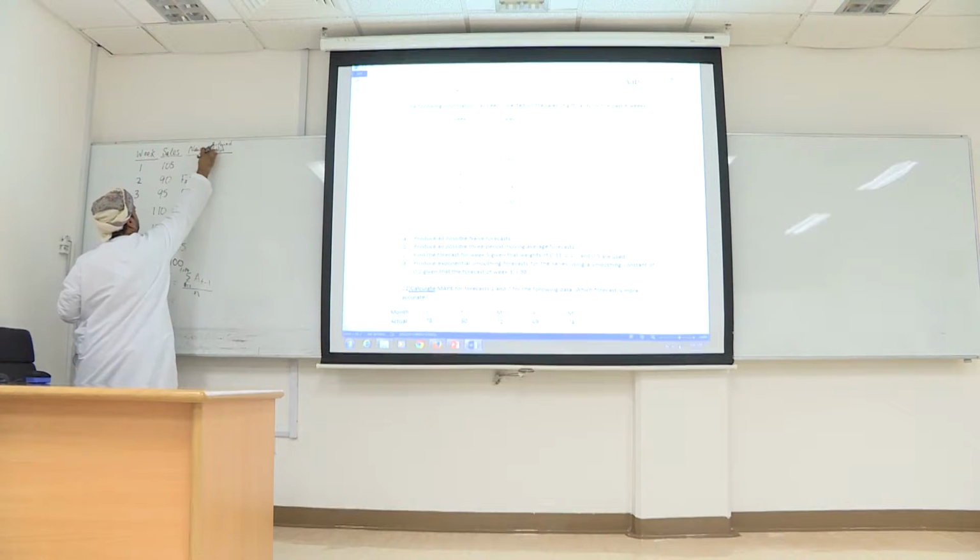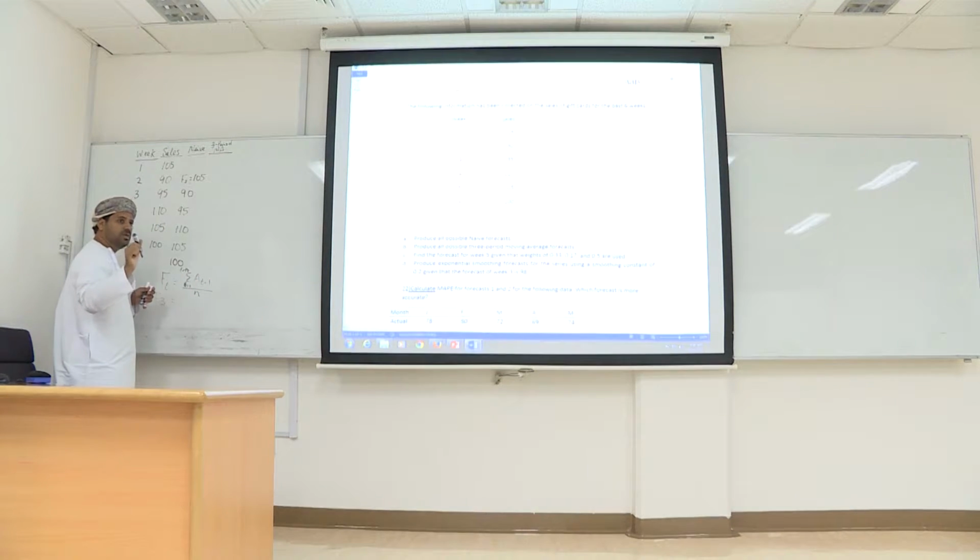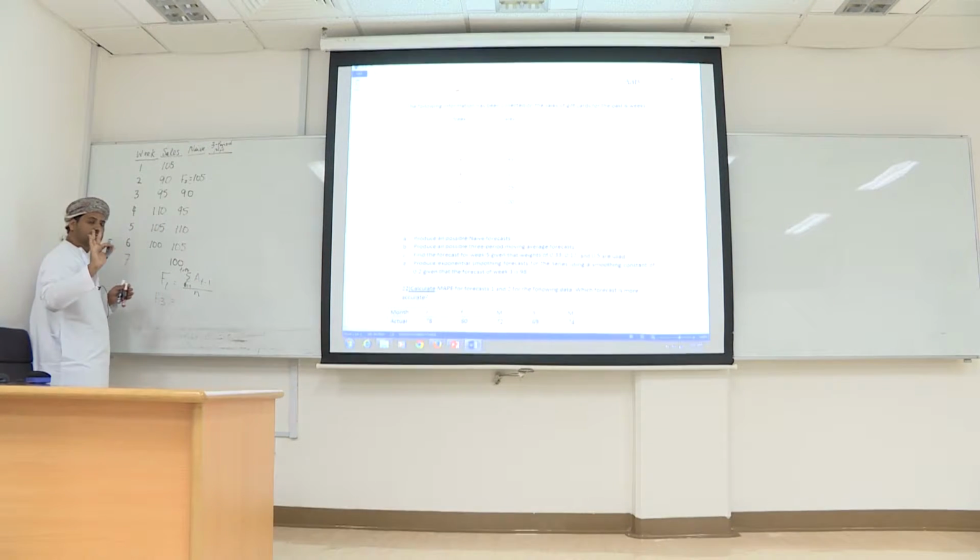Since we have a 3-period moving average, to find the first average, how many numbers do we need? We need 3 numbers, isn't it? A 3-period, so we divide by 3. Therefore we take the first, second, and third weeks, and the first forecast that we can find is for period 4.